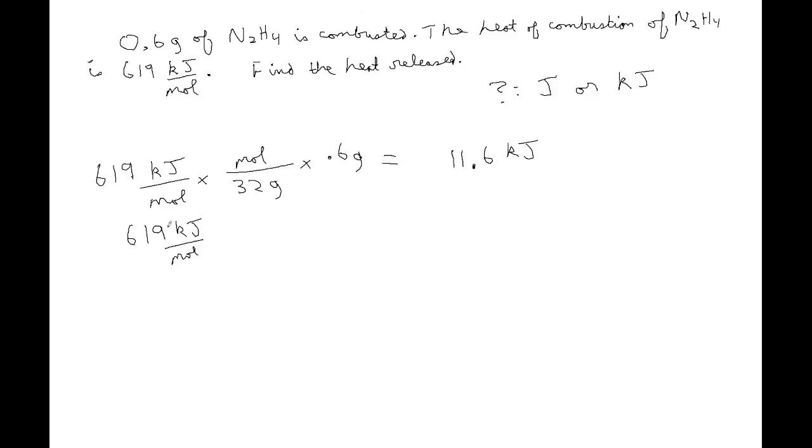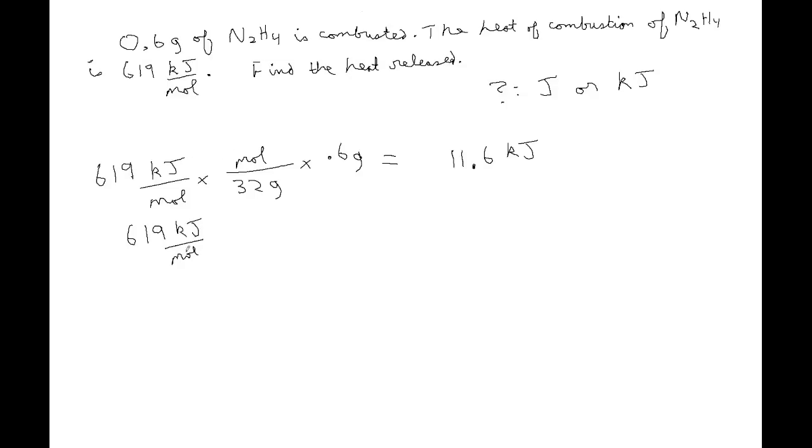Remember, what's the name of this concept? Specific heat. Well, no, go back and reread the problem. What did the problem call this? Oh, heat of combustion, so it takes that much energy to combust 1 mole of N2H4.